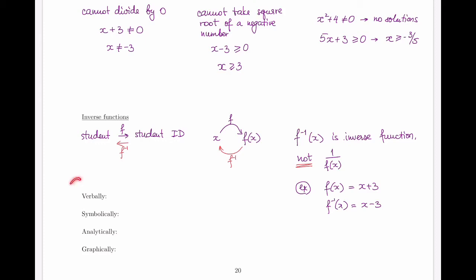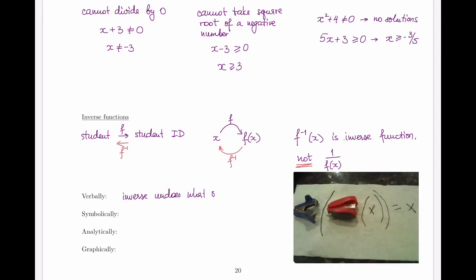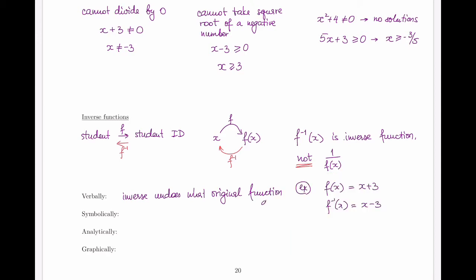But let's just go through all 4 different representations of a function to think about how we can describe inverse functions. So first of all, verbally, inverse simply undoes what the original function did. So once again, if the original added a 3, then the inverse will subtract a 3. Symbolically, we can think of that as follows.